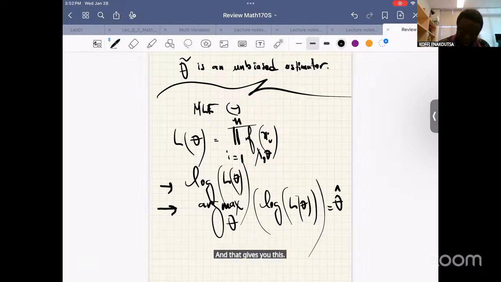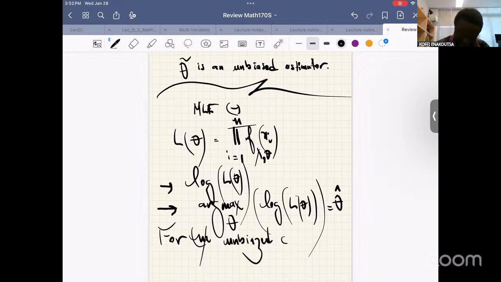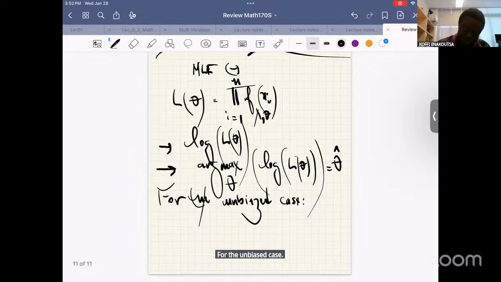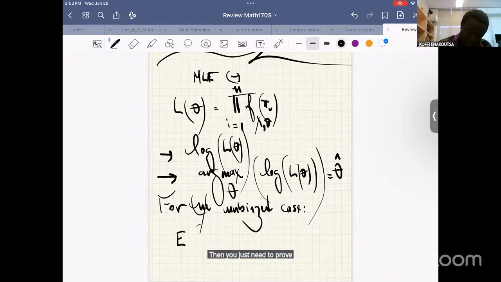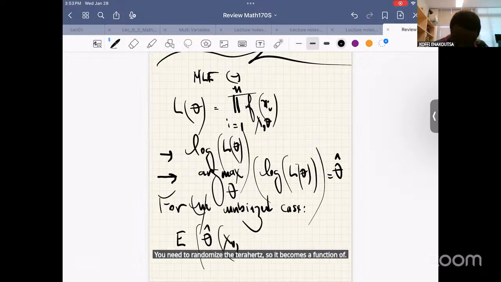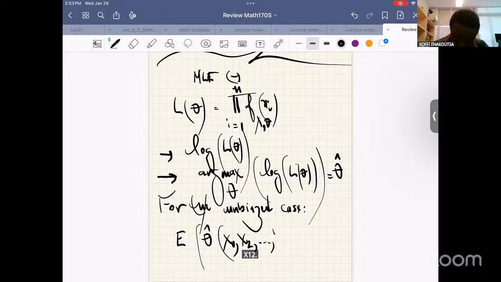To find out whether it is unbiased, you just need to prove that the expected value of theta hat, where you randomize it so it becomes a function of X1 to Xn, gives you theta.